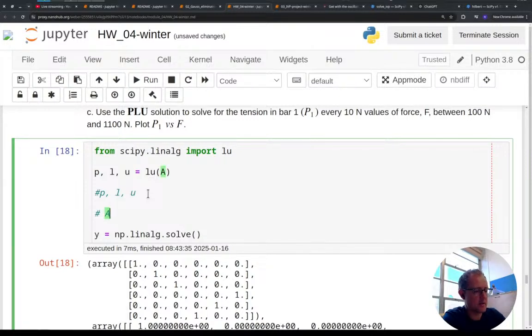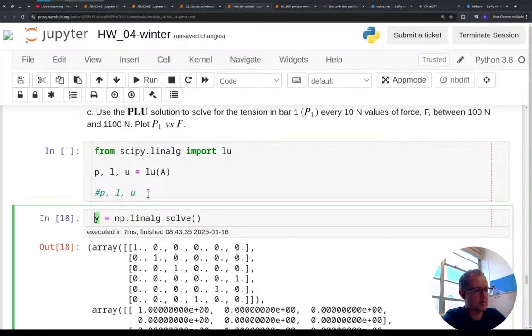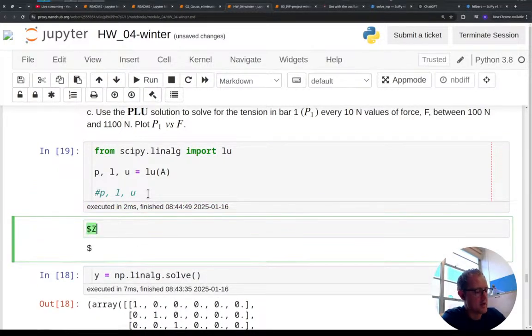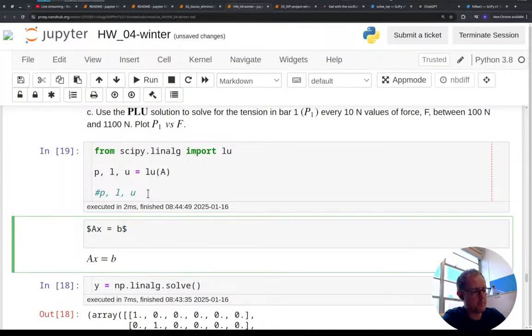A X equals B. But then what I'm saying is take A, turn it into a pivot, an L and a U, still times X, and now it's still equal to B.